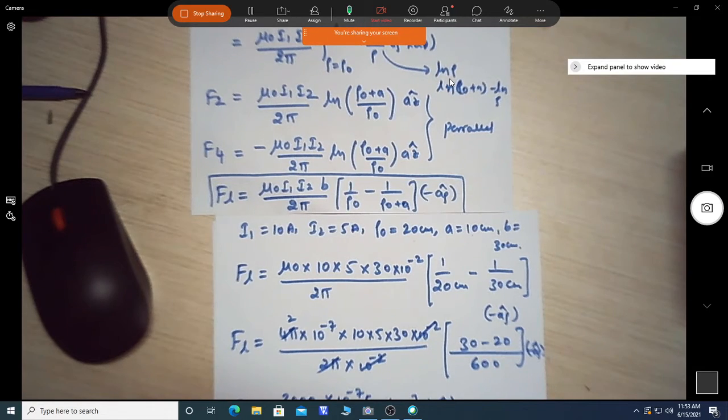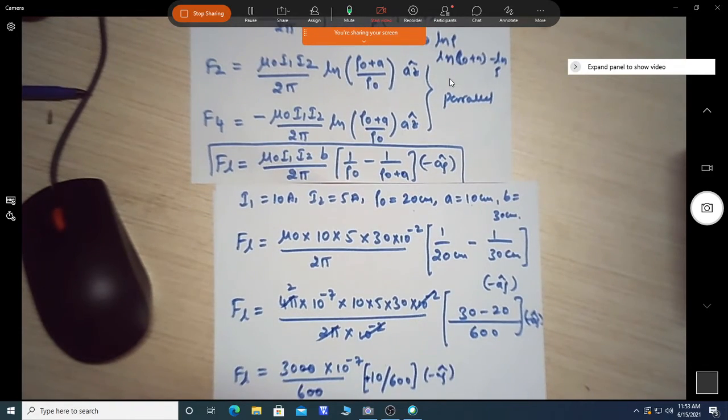So what is the value? You can calculate it, in the direction of minus a_rho.